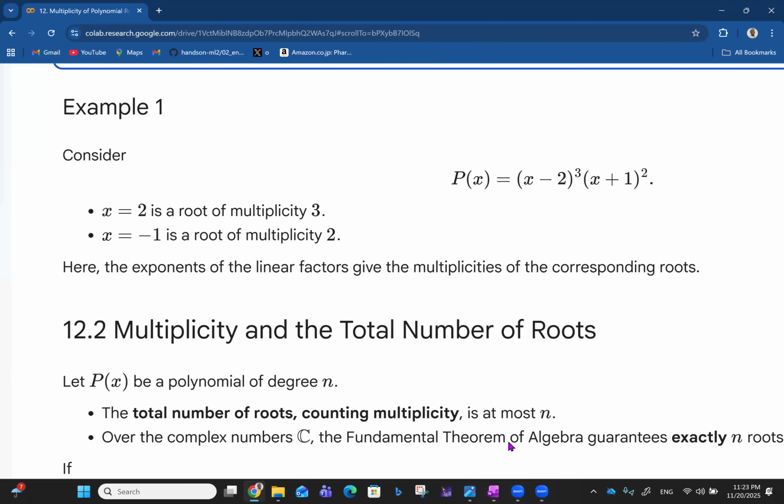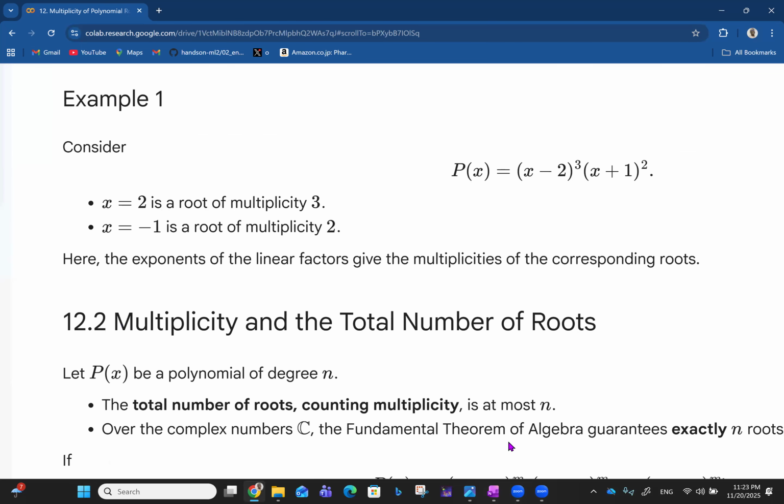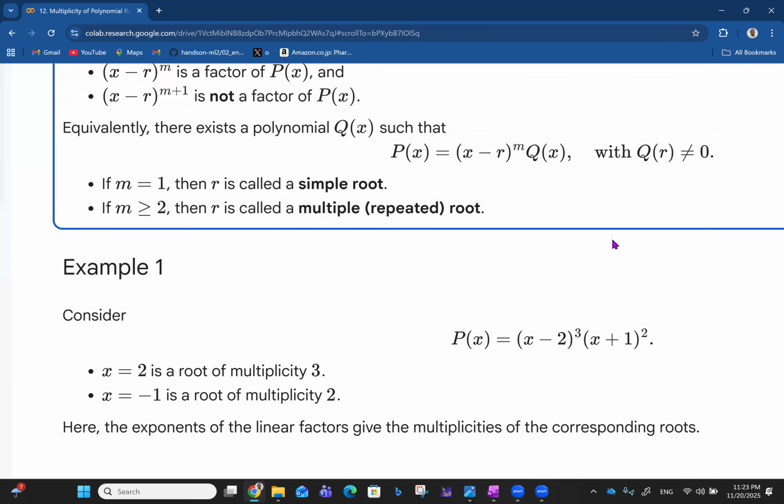Okay, so here we see another example. You have (x minus 2) raised to power 3, (x plus 1) raised to power 2. Of course, this is something we have come across a lot. This one has already been factored, so thankfully, we don't have to go through the stress of trying values to see which one is a root or which is not.